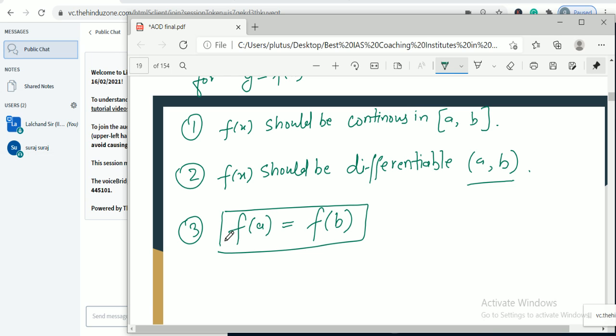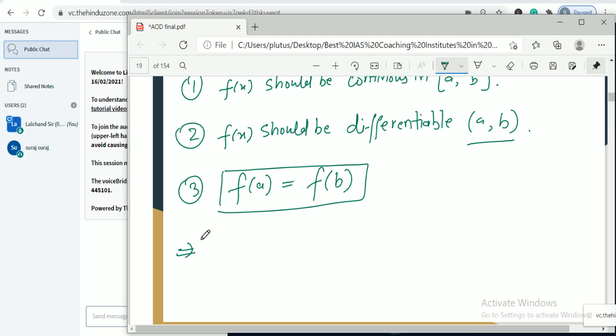Then Rolle's theorem implies there is some c in (a, b) where f'(c) equals 0. There is some point c in the interval a to b where f'(c) is 0.